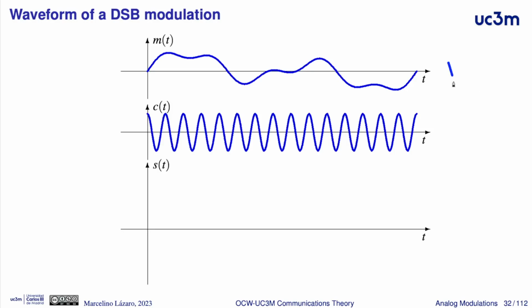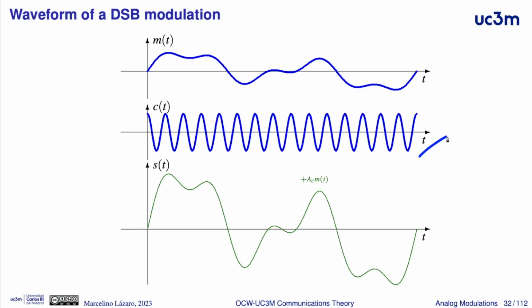Here we have an example of a modulating signal m of t. Here we have the carrier, and now the modulated signal for a double sideband modulation is just the product of the carrier with the modulating signal, that here is plotted in a different scale.